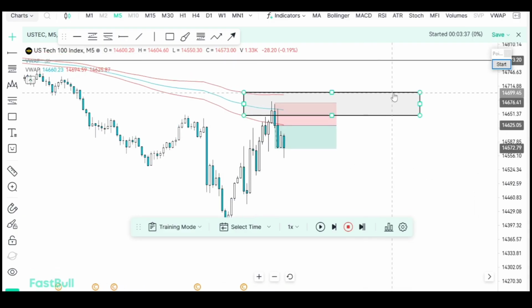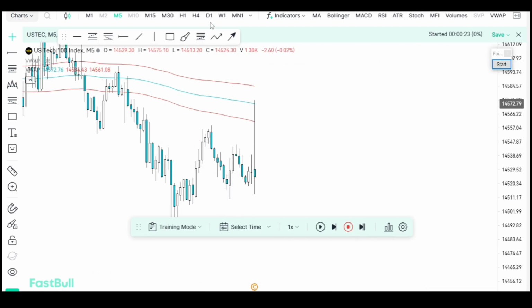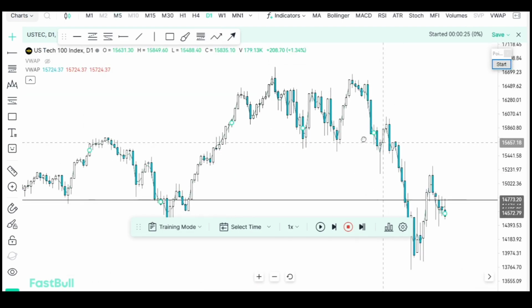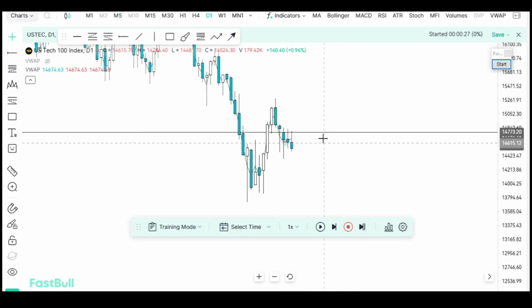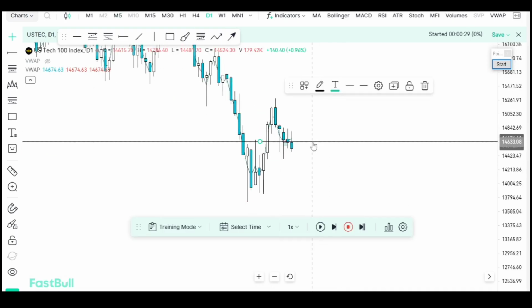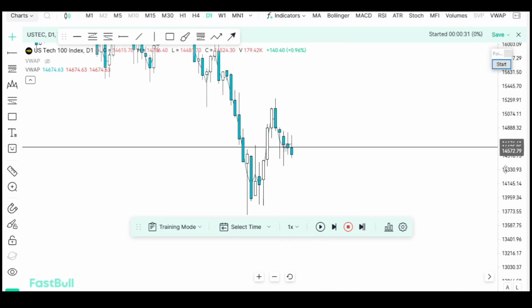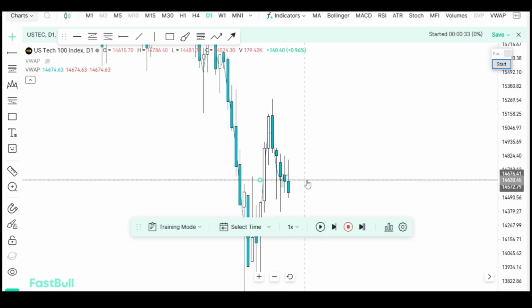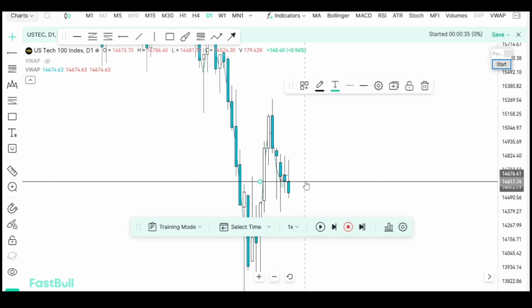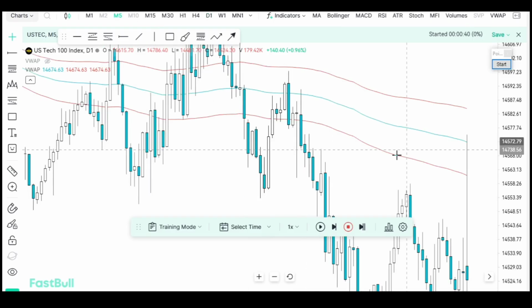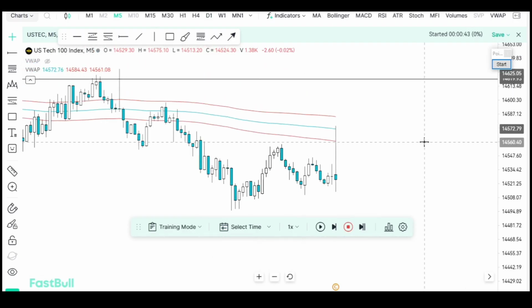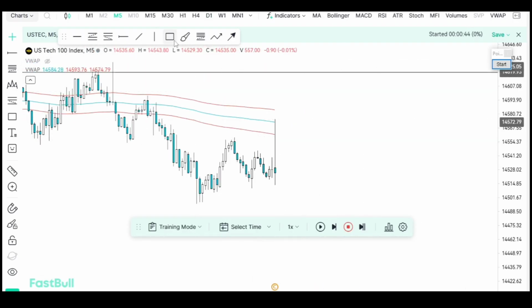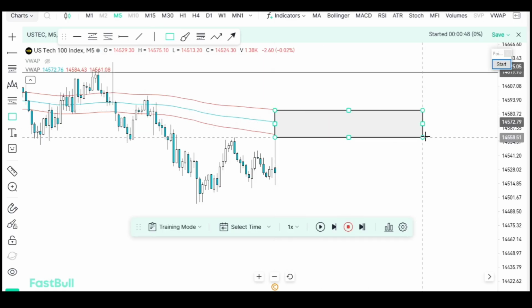Let's take one last example to lock this in. As usual, head to the daily chart and draw the open line. Go back to the 5-minute chart at the session open. Draw the zone and wait for the price to move into it.